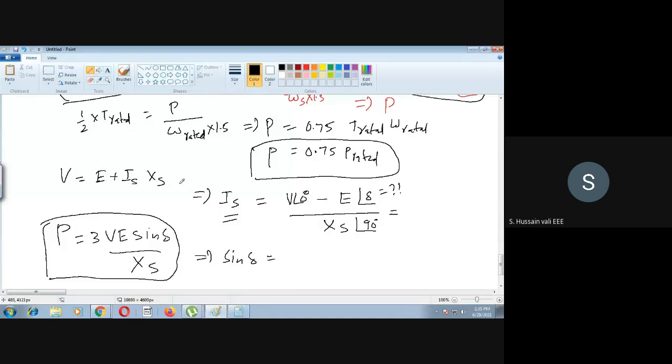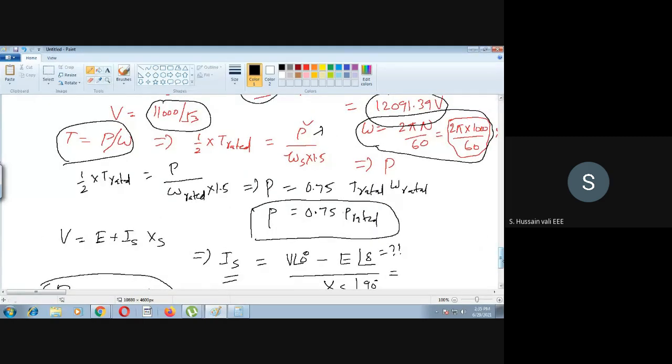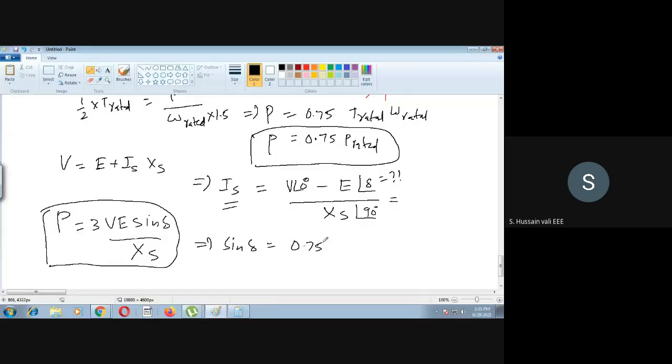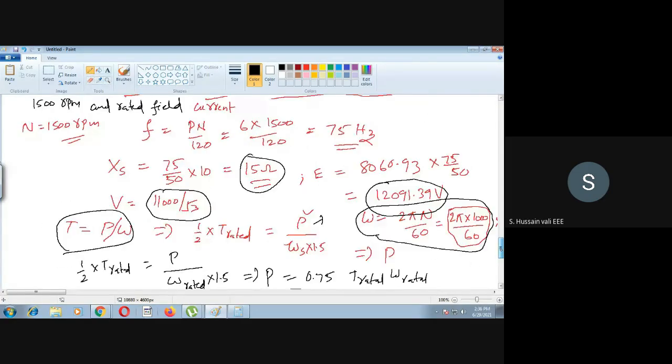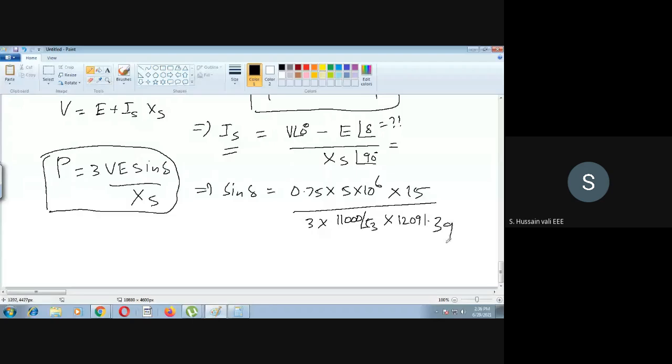The new P value we have to use, not the old one: 0.75 into rated, which is 5 megawatts, so 5 into 10 power 6, into XS, which is 15, divided by 3 into V, where V is 11,000 divided by root 3, and E is 12,091.39. Everything is known except delta. If you solve this, you will get delta as 14.13.